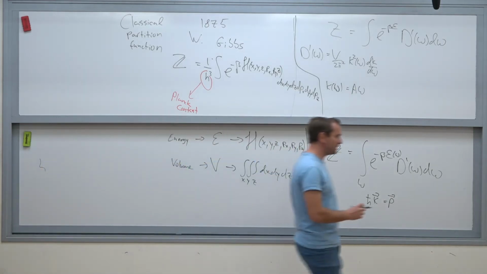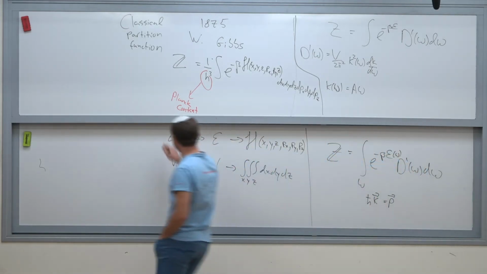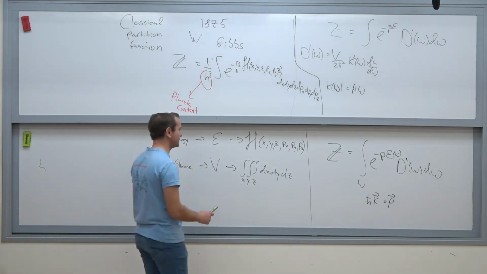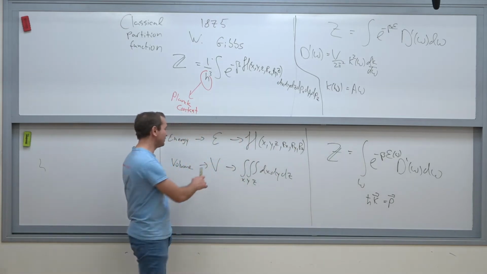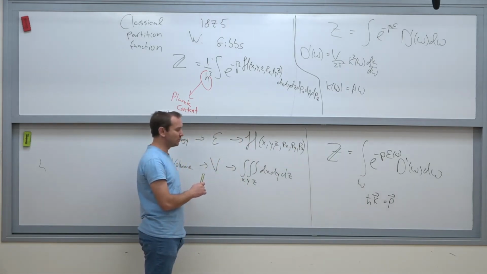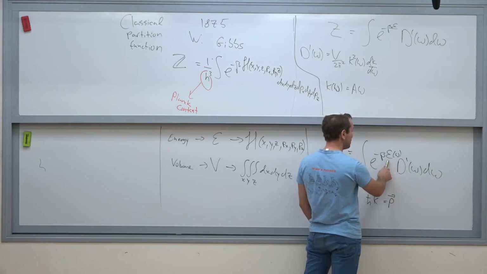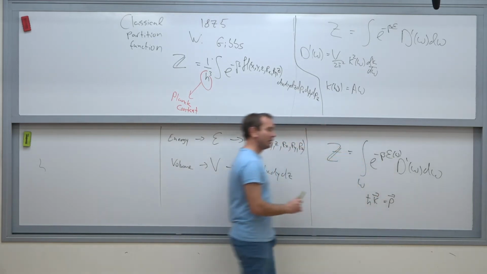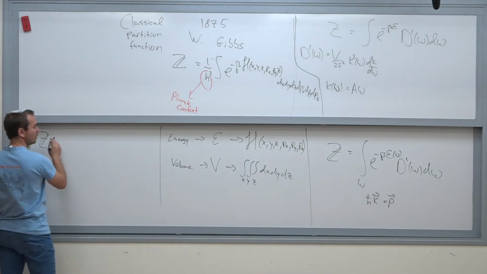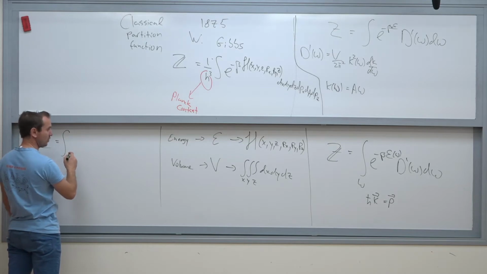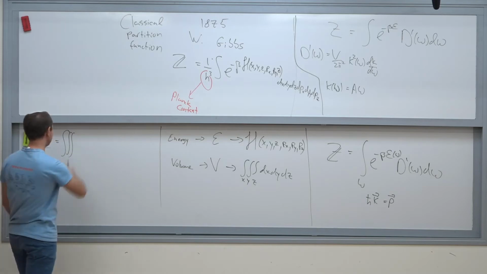Some additional parts that we have over here? Actually, no. So if we plug everything inside, instead of epsilon of omega, we have the Hamiltonian. Instead of the volume, we have an integral of x, y, z. We plug this inside the integral, so we have z equals the integral over px, py, and pz. I'm sorry.